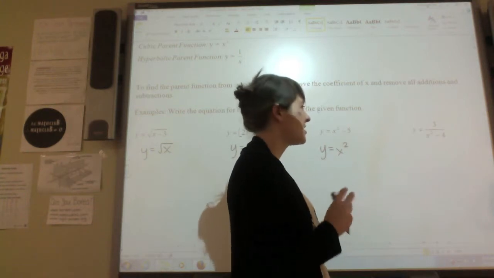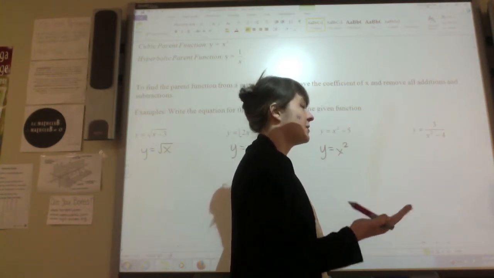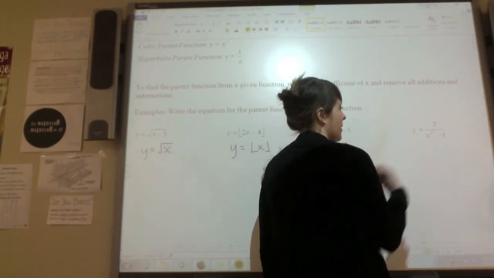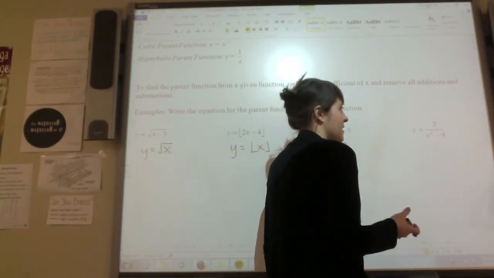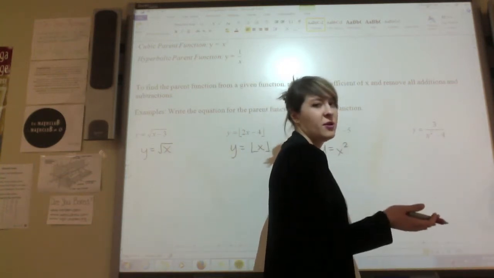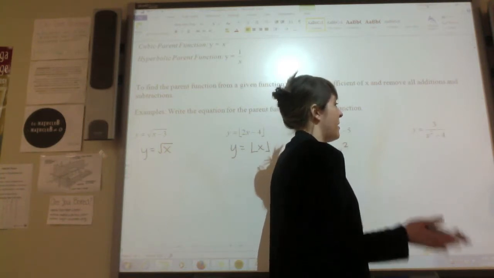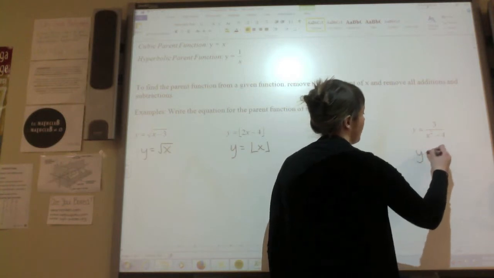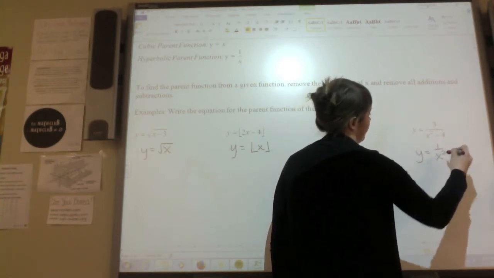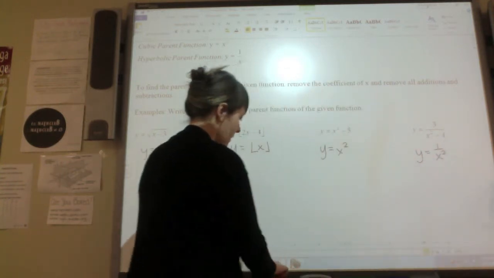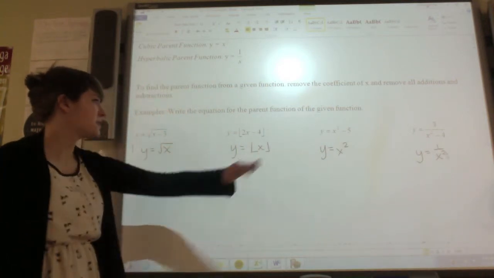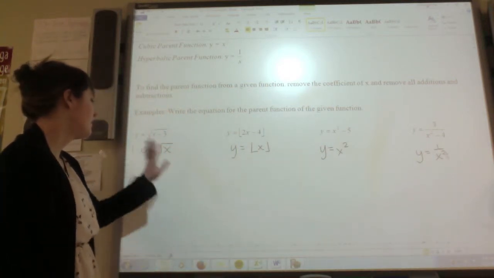I can't change that to an x because there's no x there, and I can't move this x squared anywhere because it's in my denominator. If I move it up to my numerator or somewhere else, that's not going to be the same type of function. So this would just be y equals 1 over x squared, which is your inverse square function. So these are just some types of parent functions that you have.